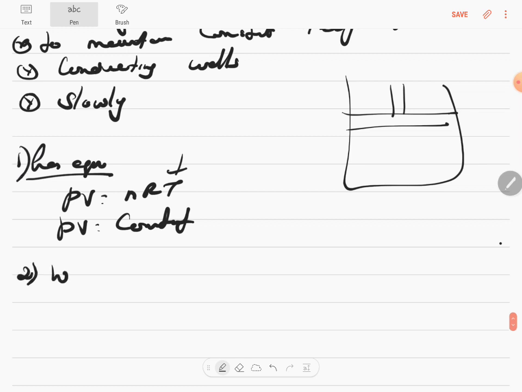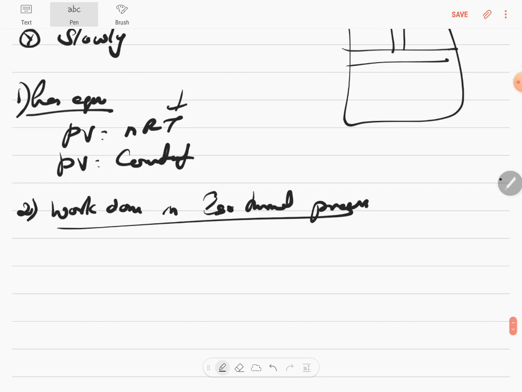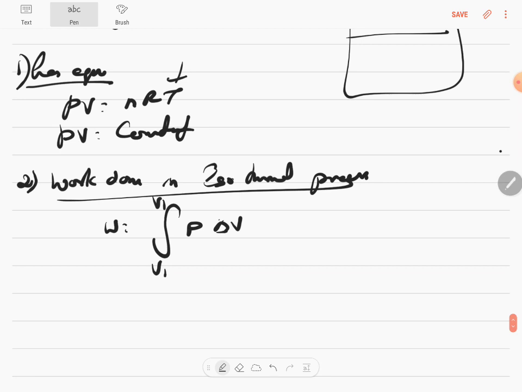The second thing is, let's derive the work done in an isothermal process. Work done is the integration of P dV from V1 to V2, we already know that. This is the work done from the PV graph. Everybody knows this.